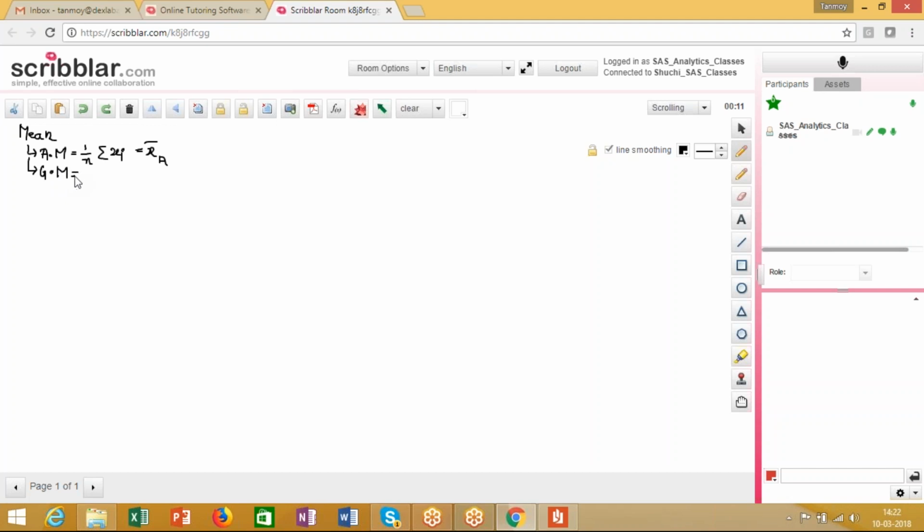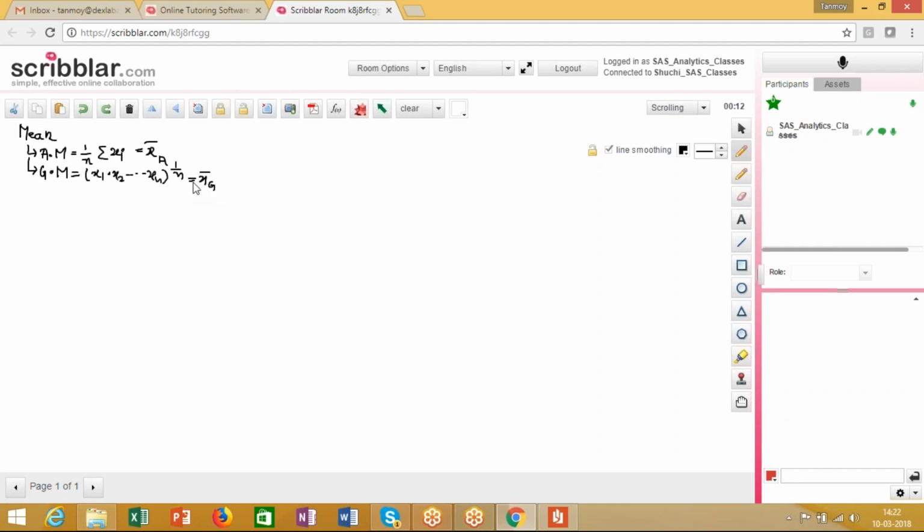It is the nth root of the product of the n observations that we have: x1, x2, up to the nth observation, to the power of 1 by n. So it's the nth root of the n observations, and is also called x bar g, or the geometric mean.